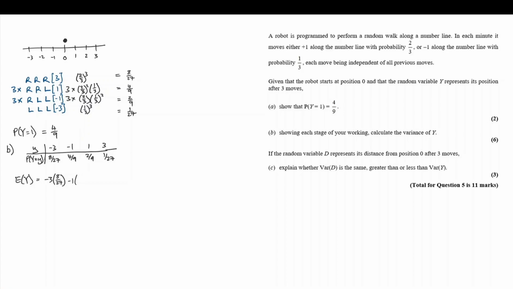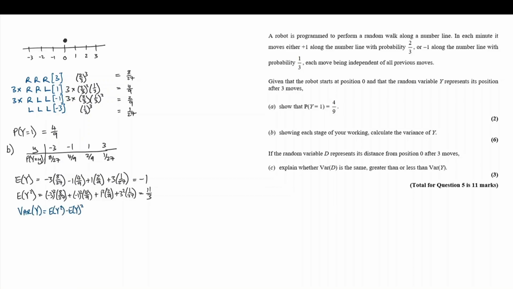To find the variance, we need to do the usual things. We're going to find the expectation of y, the expectation of y squared, and then a combination of the two. So the expectation of y is -1, while the expectation of y squared is going to be -3 squared times 8/27, -1 squared times 4/9, 1 squared times 2/9, and 3 squared times 1/27, which is 11/3.